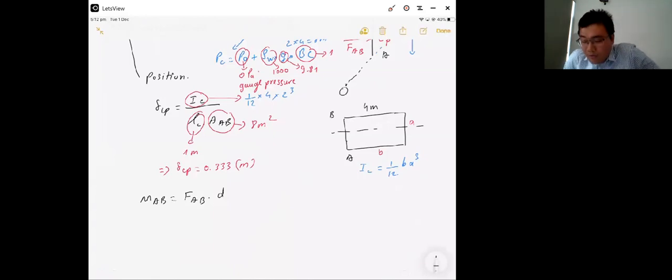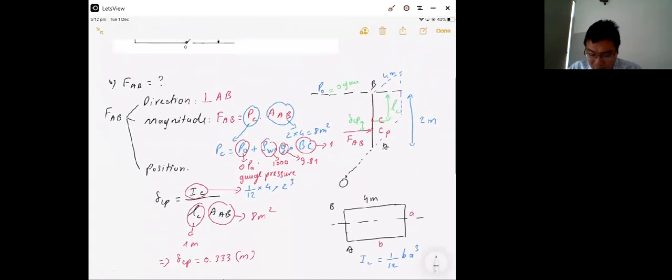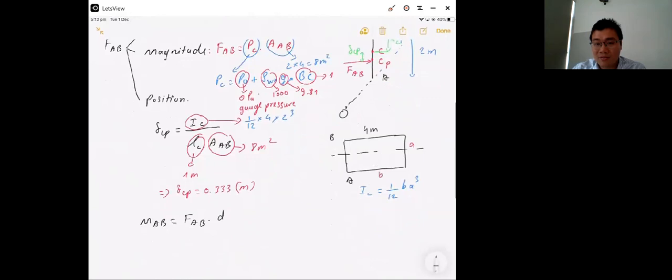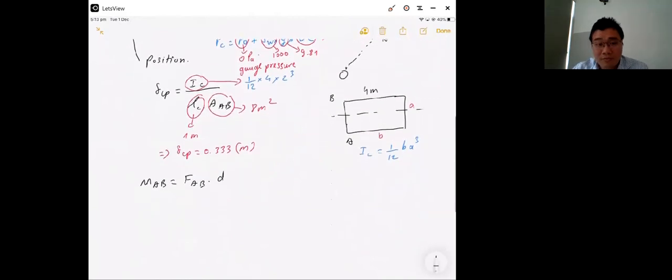It depends on the shape. If the shape has AB as 4 and into the page is just 2 meter, so this will be 1/12 of 2 times 4 power 3. Okay, depends on the shape.